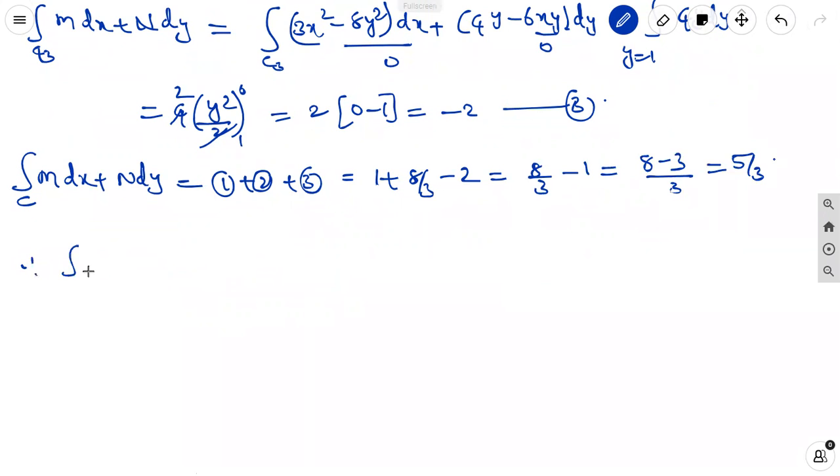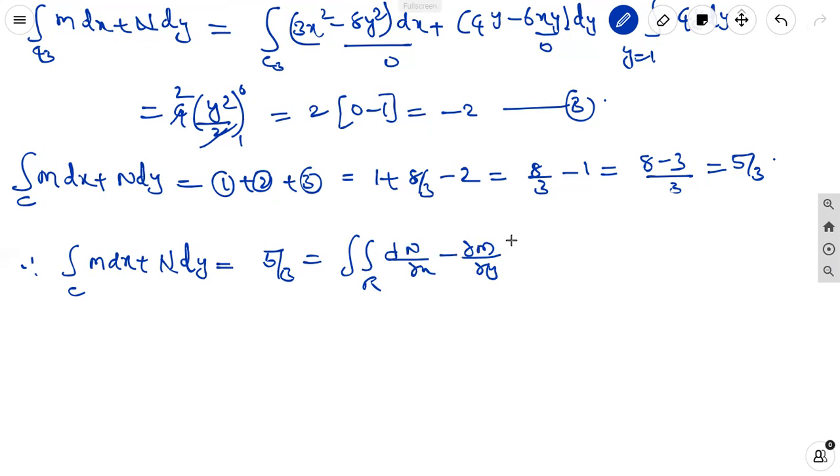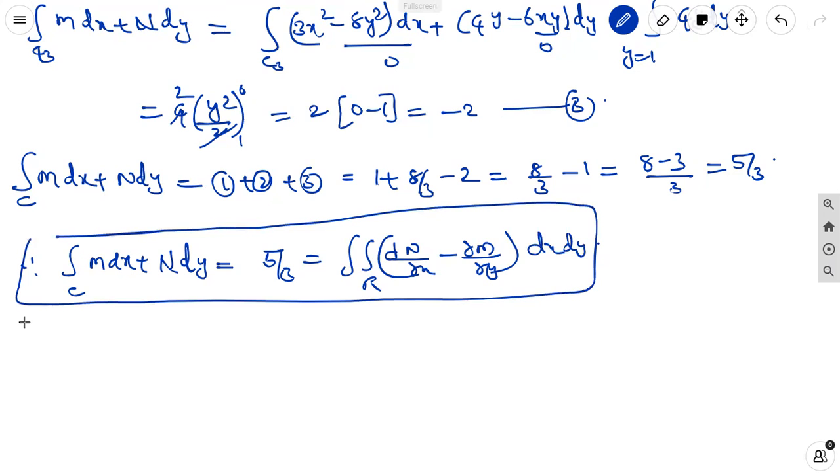Therefore, the integral over C of M dx plus N dy is equal to 5 by 3, which is equal to the double integral over region R of (dou N by dou x minus dou M by dou y) dx dy, which is also 5 by 3. Hence, Green's theorem verified.